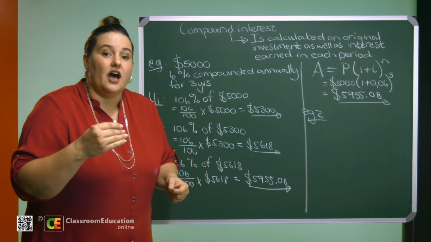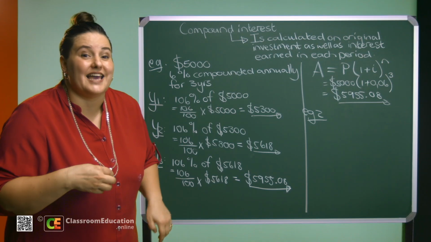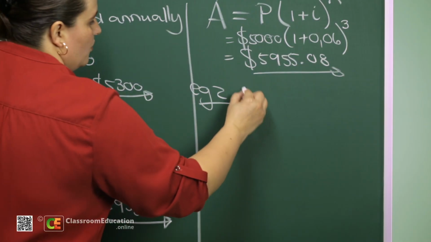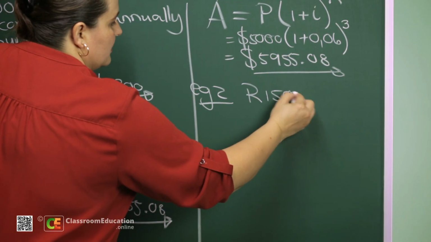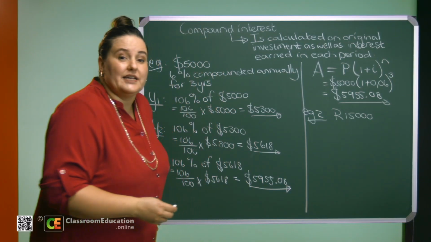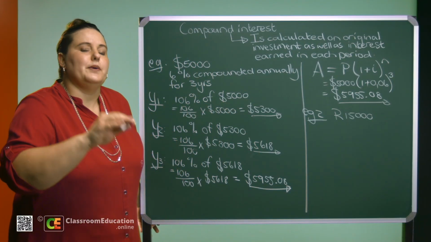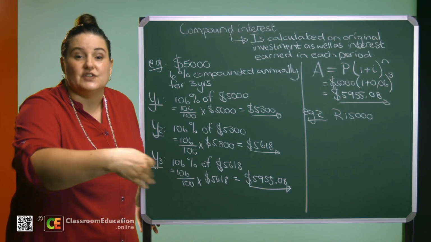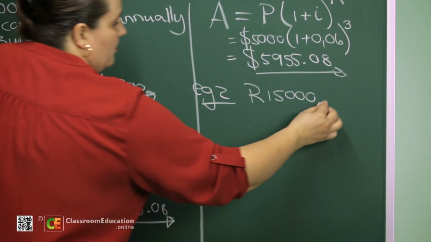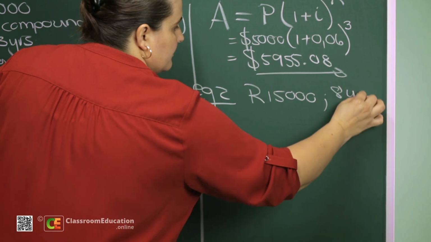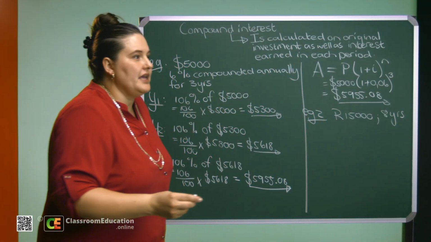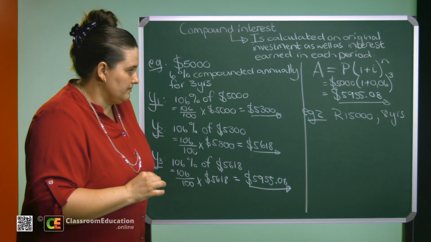And you start off by investing 15,000 Rand. So we are investing 15,000 Rand and we would like to double that in 8 years' time. So that will be 8 years. And it will be in compound interest.